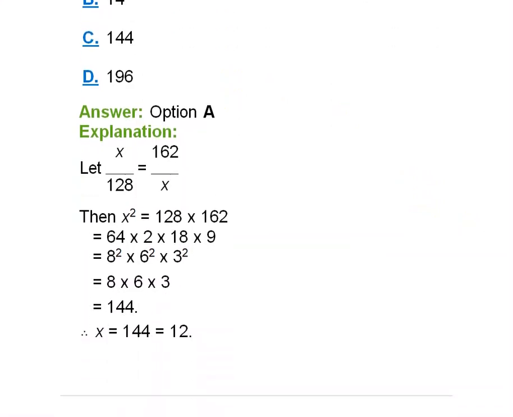We'll calculate this by cross multiplication. x square equals 128 into 162. 128 can be written as 64 into 2 and 162 as 18 into 9. 64 can be written as 8 square, and here 9 can be written as 3 square, and we have written here 6 square in place of 36, which is 18 into 2, 36, so 6 square equals 36. Now we can take it as 8 into 6 into 3, which is 144. So x equals 144, that is 12. Your answer, option A.